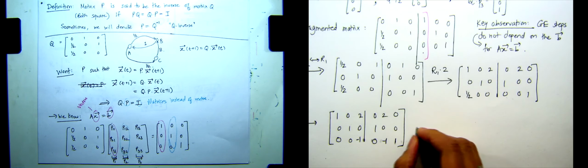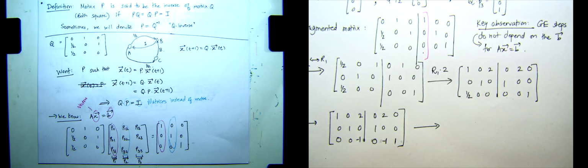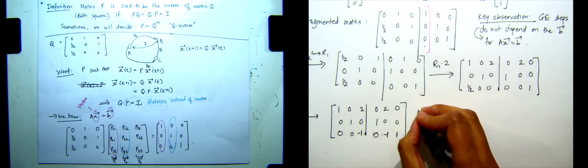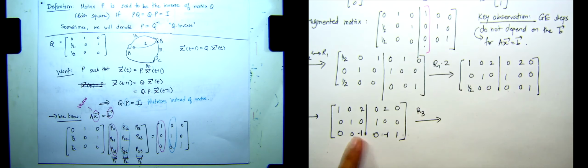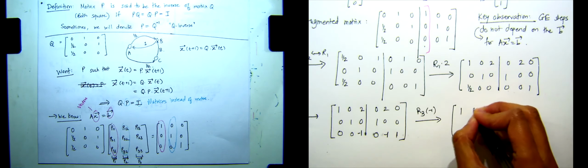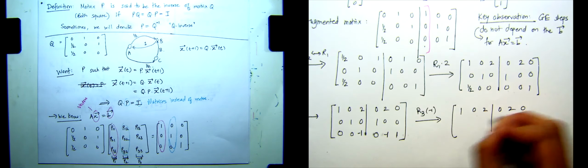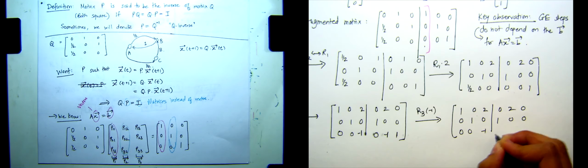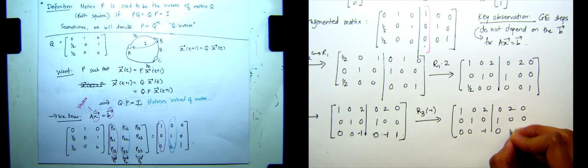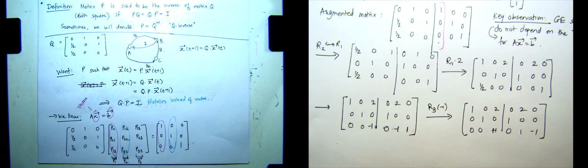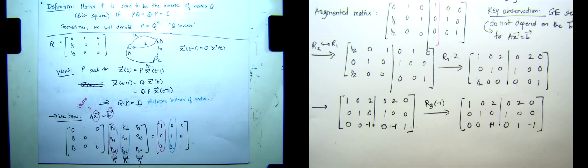Right? Is someone checking my algebra? Okay, good. Now I have a negative 1 in R3. I don't like negative ones, so I do R3 times minus 1. 1, 0, 2, 0, 2, 0, 0, 1, 0, 0, 0, minus 1, 1, 0, 0, 0, 1, negative 1. And this becomes a plus 1.